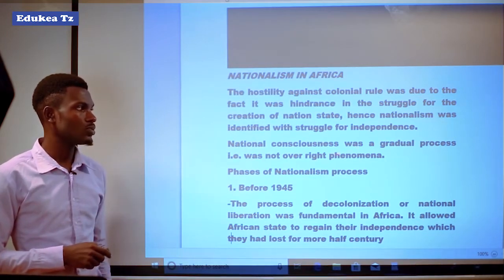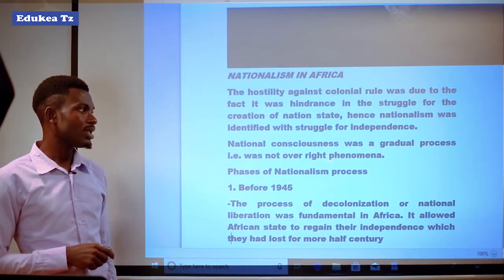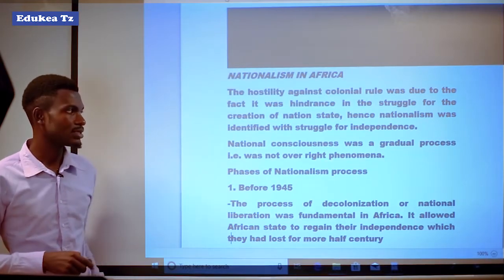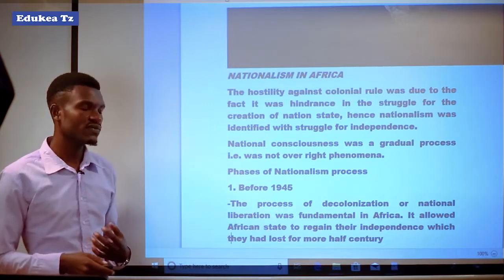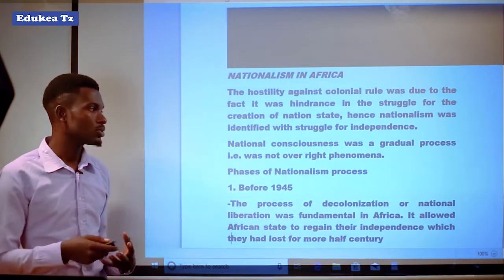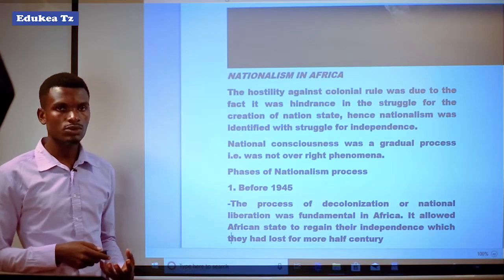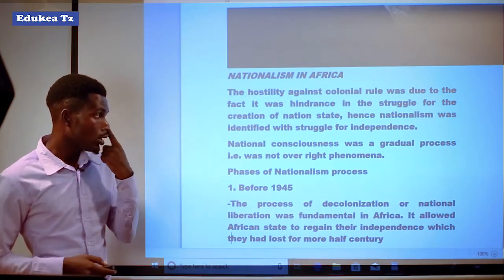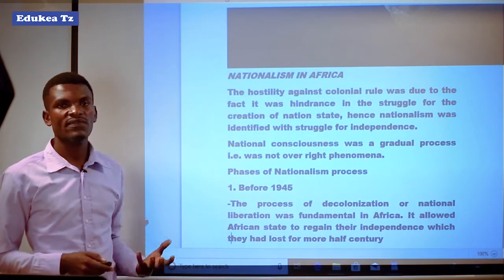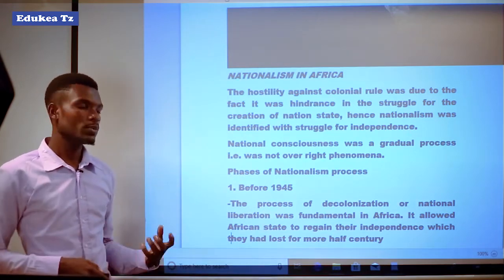National consciousness was a gradual process that did not happen overnight. It involved gradual change, which did not take place at one time or in one phase, but was taken through gradual processes.